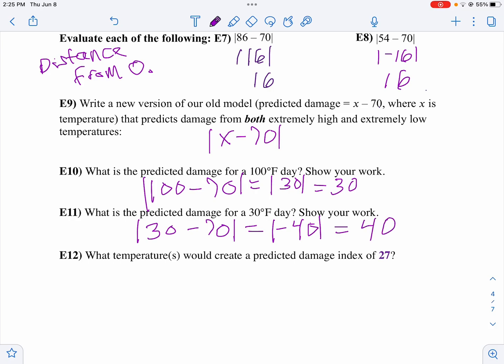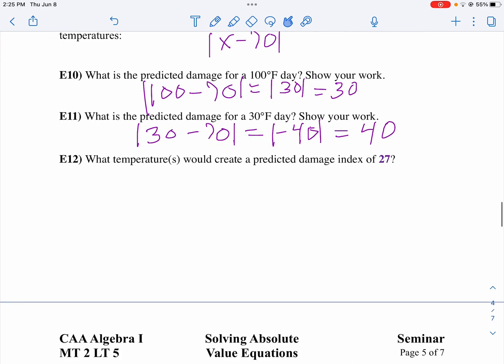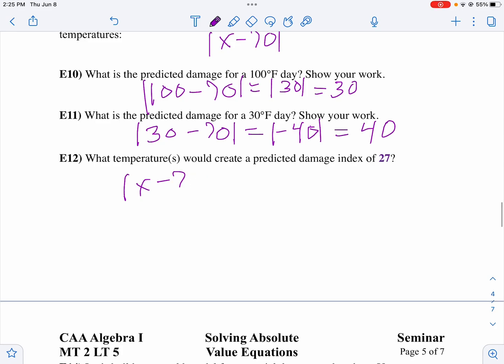Now, let's look at the critical temperature of an index of 27. In other words, now I know my answer. The absolute value of x minus 70 equals 27.